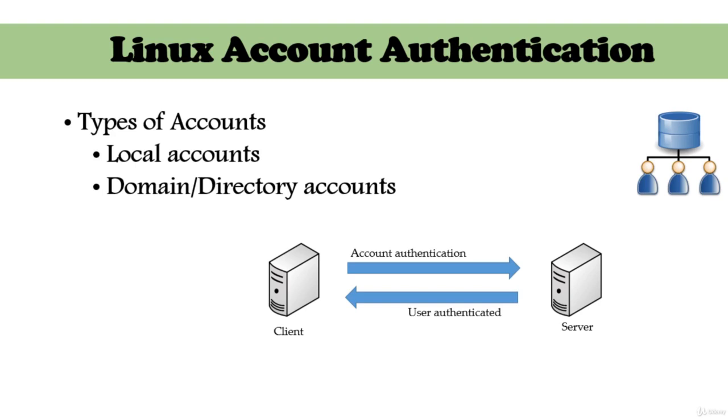That's how a user that is created in the directory will log in. Now remember, this is not for users that are created locally. This authentication process only works between the client and the server. In Windows, there's Active Directory. So it gets authenticated, it comes back, and that's how you get authenticated.